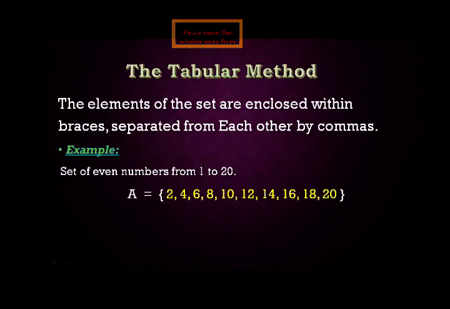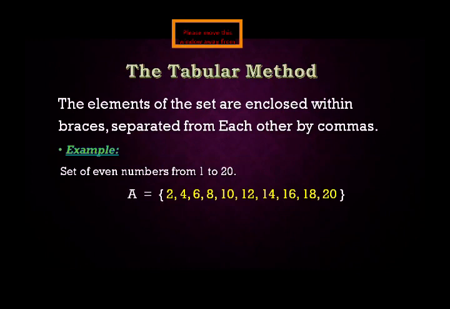These two things are very important in tabular method. Okay, this is the set of even numbers from 1 till 20. Even numbers between 1 to 20: 2, 4, 6, 8, 10, 12, 14, 16, 18, 20. These all are the set of even numbers from 1 to 20. Again, I am repeating what is tabular method.